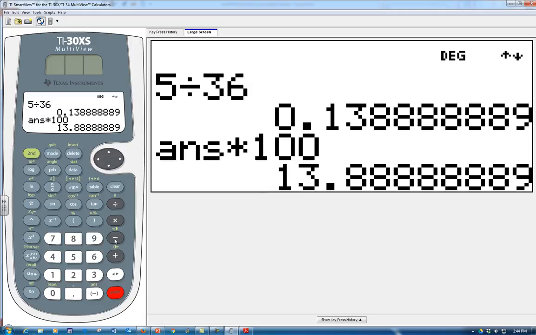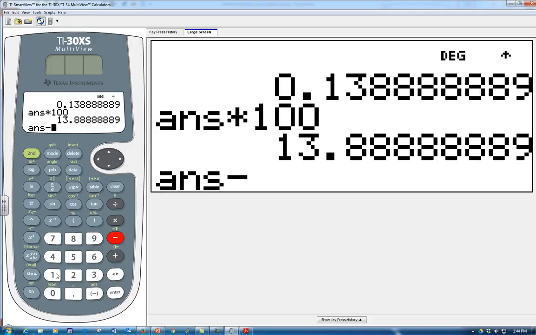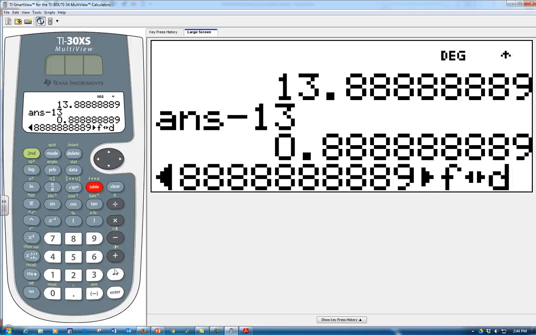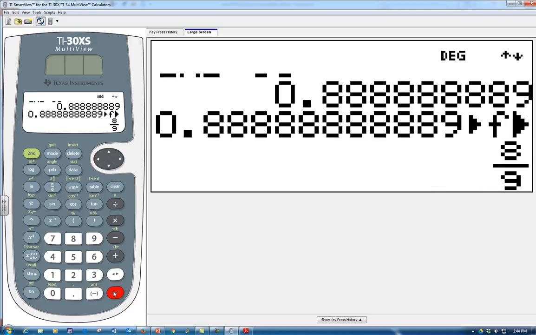And then go over here and subtract out the 13 so that you can get the fraction. So I hit my key to change it to a fraction, and it becomes 8/9, which means my answer would be 13 and 8/9%. So let me give you a drawing here so you can see. It's going to look like that when you change it to a percentage.